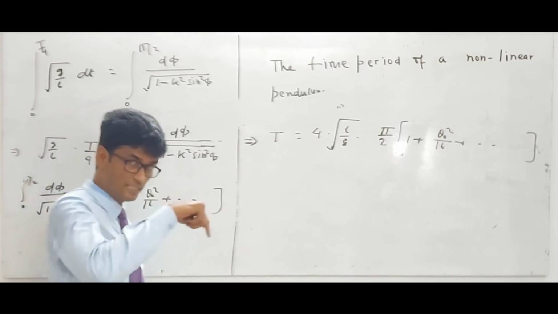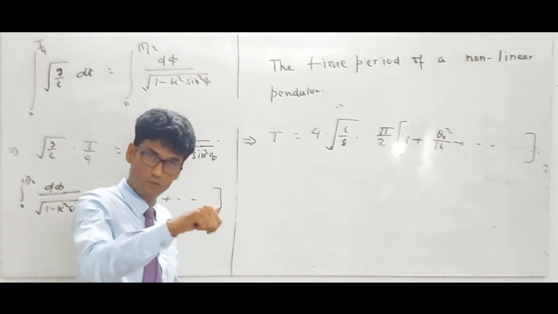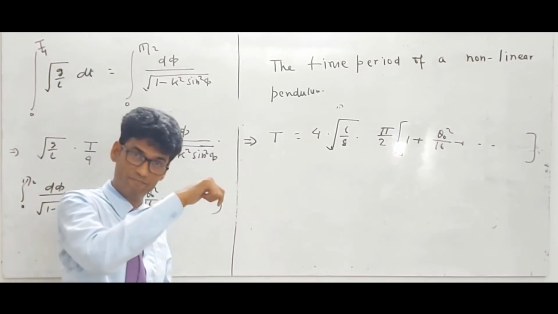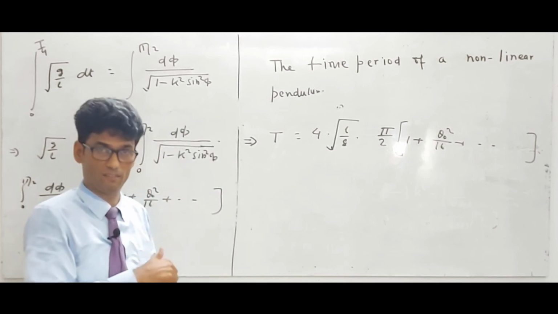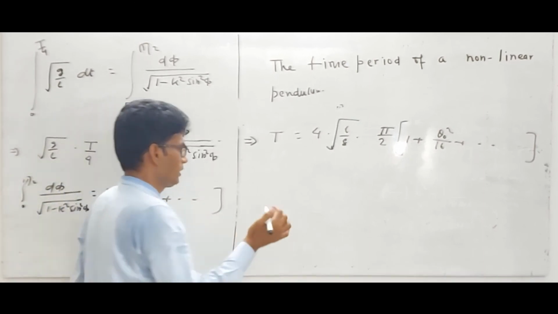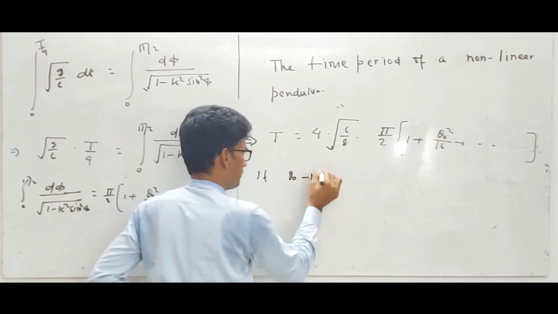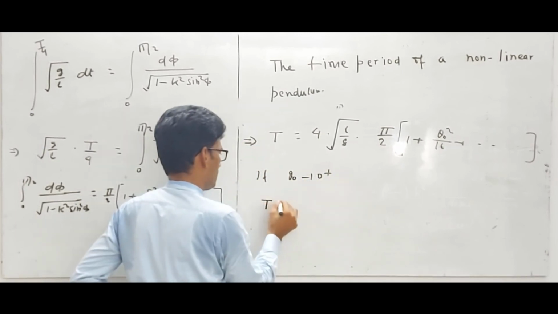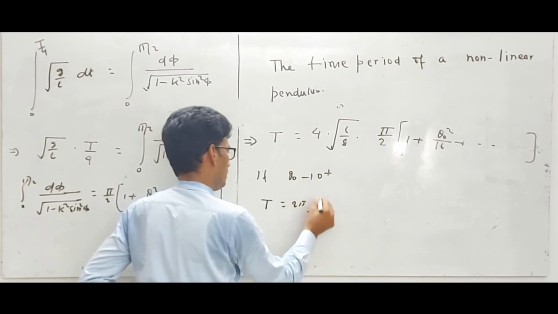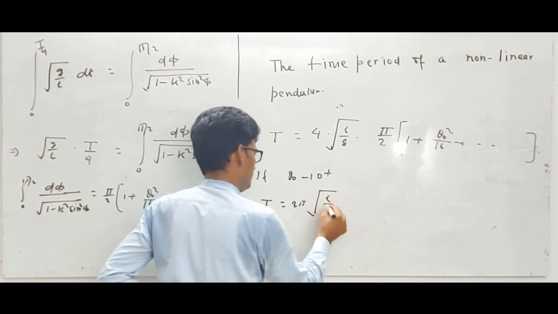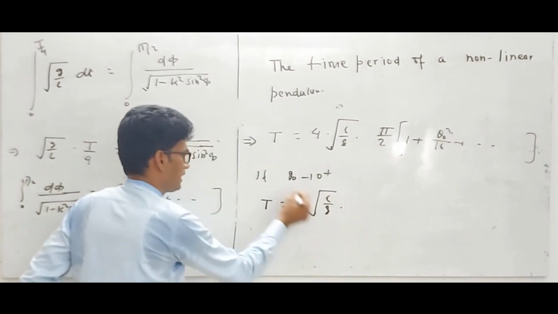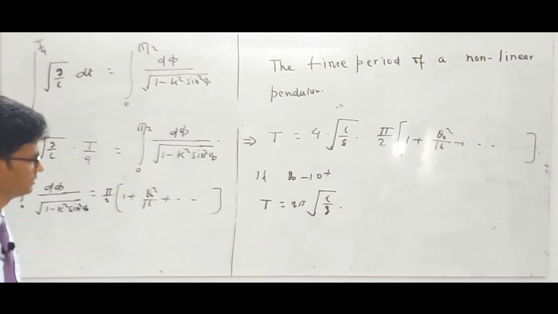That's case 1, the linear pendulum, which we saw in the last class. If theta naught tends to 0 plus, the time period comes out to be 2 pi under root L by g, very famous from the earlier class.